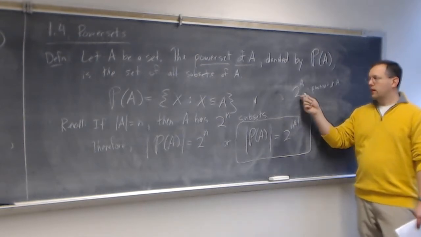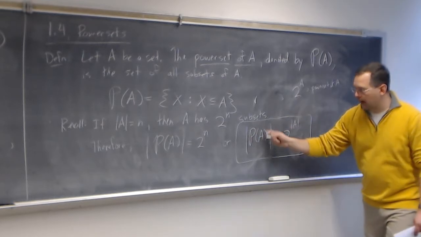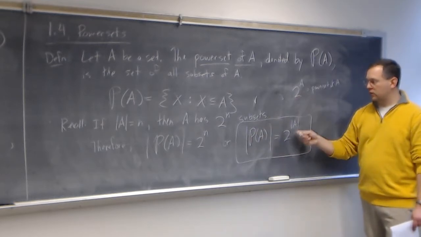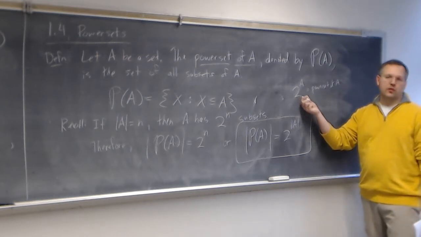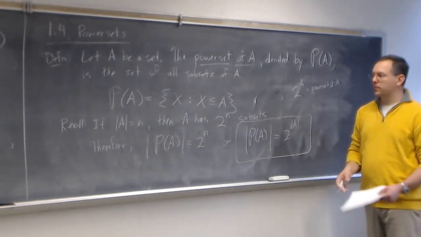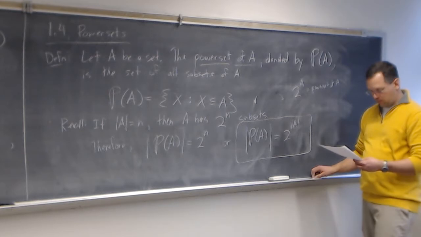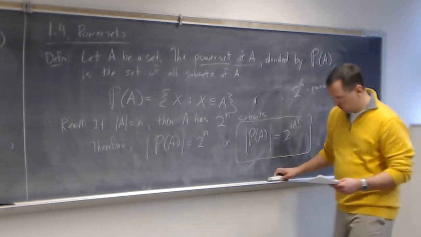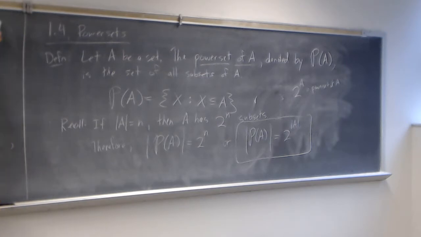If this is the power set of A, then the size of the power set is 2 to the size of A. Well, I'm going to stick with the book's notation, script P of A, for the power set. An example.